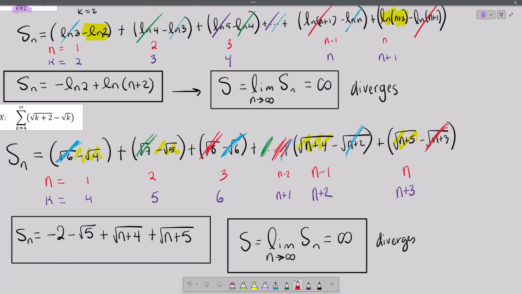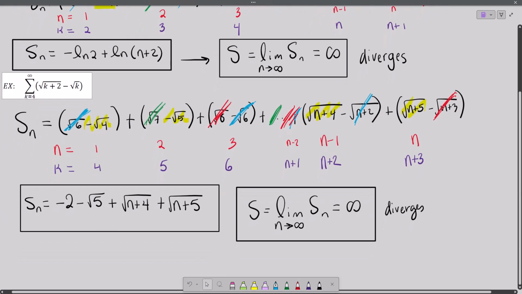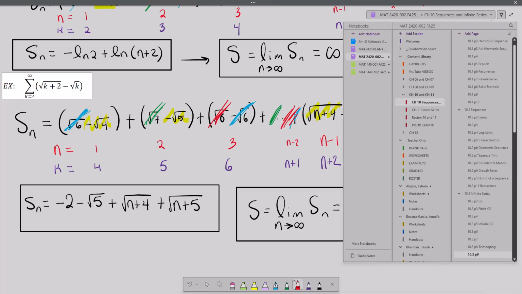If you're not seeing the pattern exactly with this minimal number of terms, you could write out 5 on the back, 5 on the front, and you could see it maybe more clearly. And we could do that for the next one. We could write out more terms and see. So somehow we have to just figure out what the pattern is. I guess I don't have another example of a telescoping, but if you want to, you could write out more terms and see it.